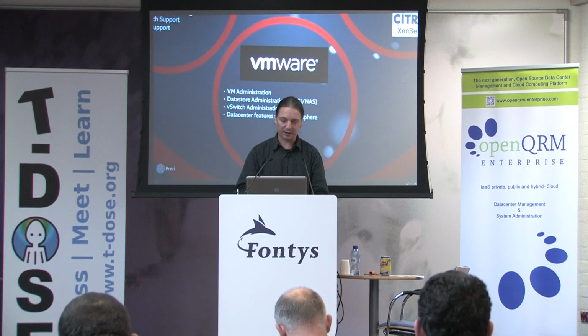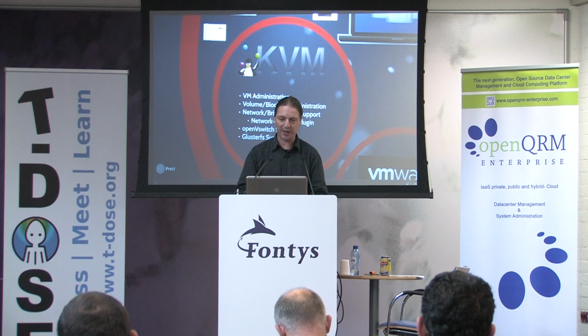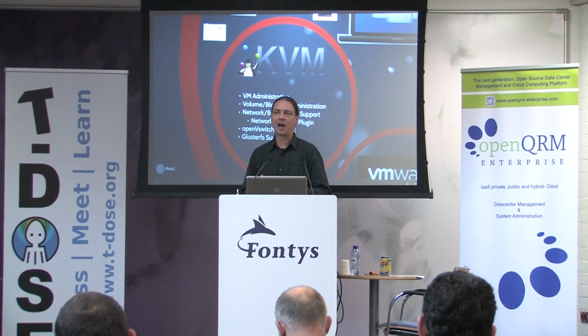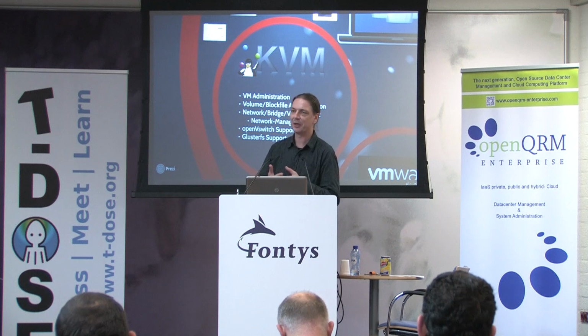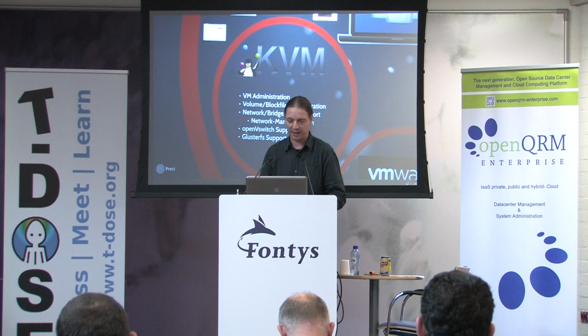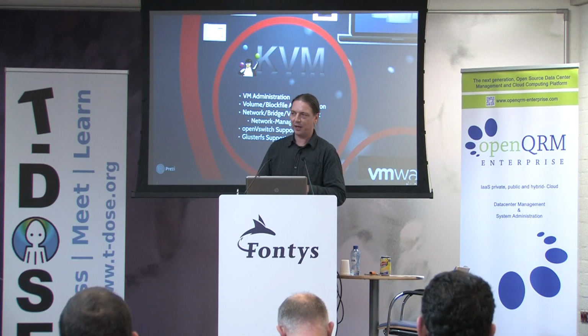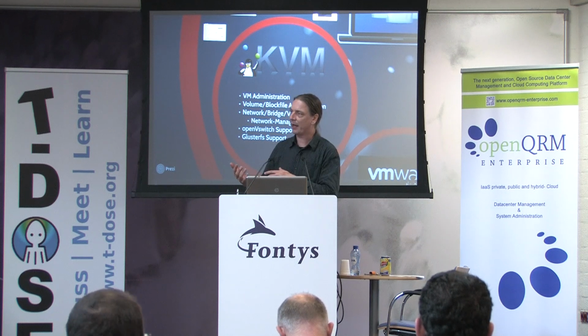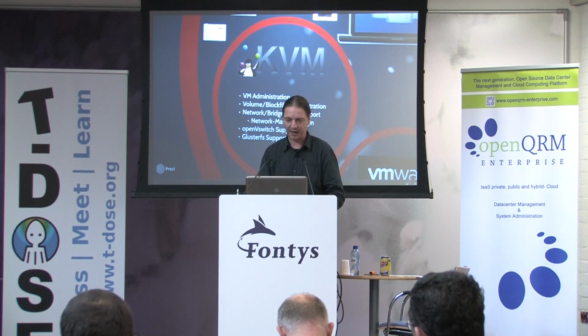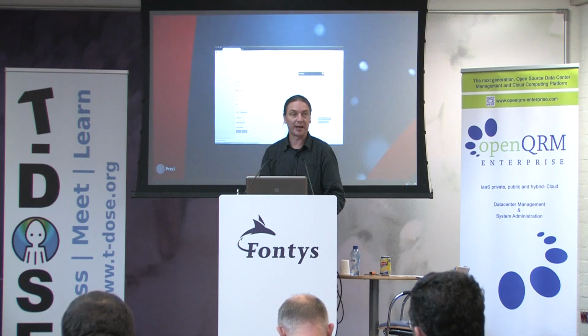I will come very soon to the points where we go more into the OpenStack topic. We are focused right now on VMware and KVM as virtualization providers, in addition to the hybrid and private cloud providers Eucalyptus, OpenStack, and Amazon. We provide a virtual machine administration manager for KVM and VMware with different network and storage options.